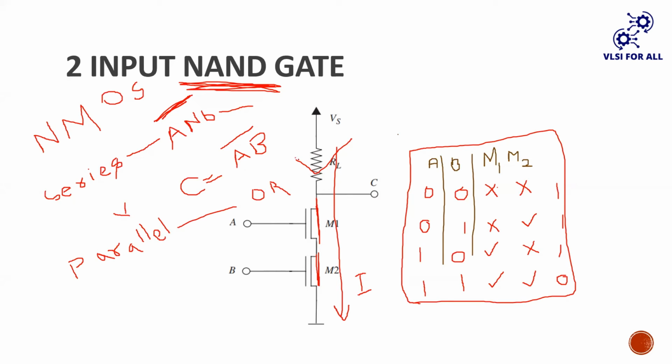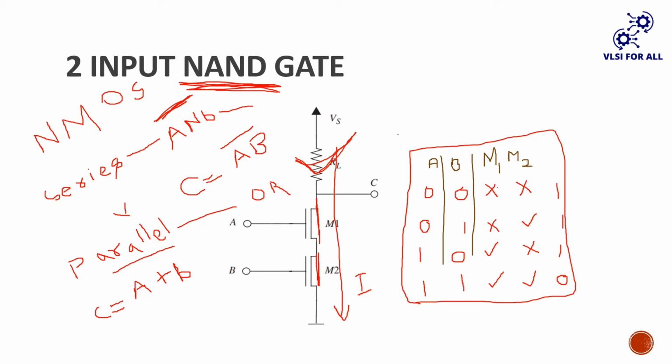If there is a resistor present here, then definitely you get C is equals to A plus B. And because of that resistor, whole bar.